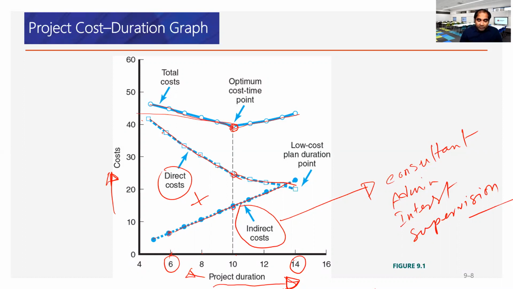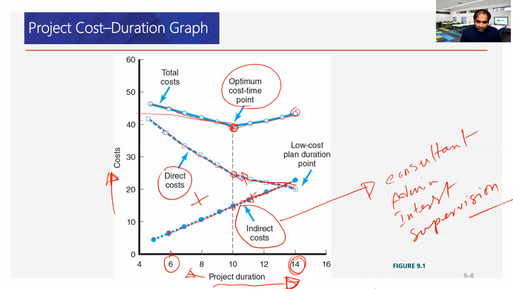Okay, so this is the optimum point. This is the optimum point for any project. So if we have a project duration of 14 days starting from here, we can see that we can crash it. If we crash it, direct cost will increase, but indirect cost will decrease.